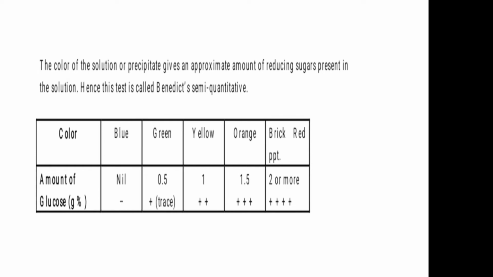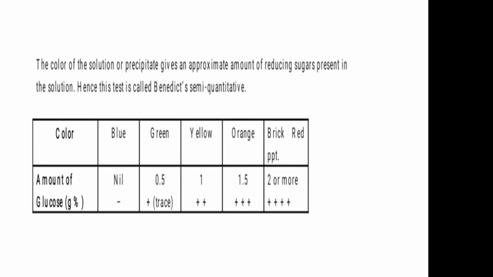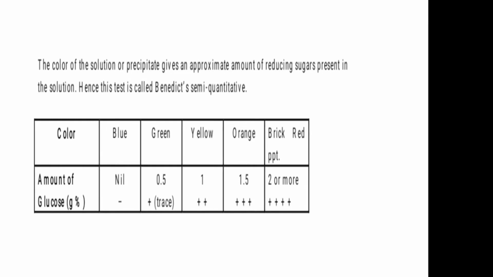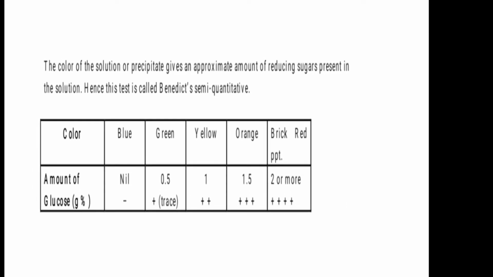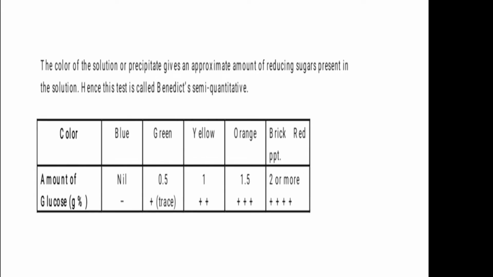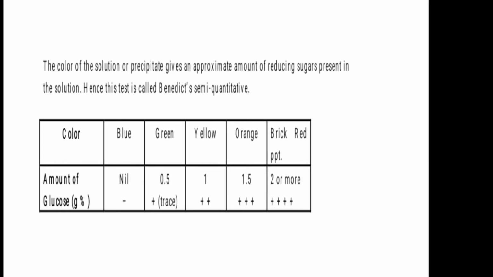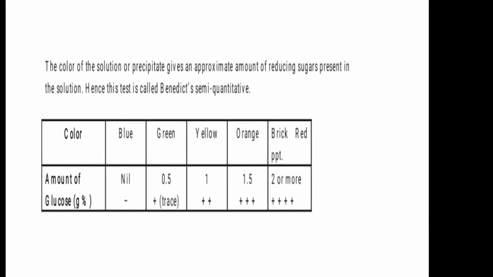If a trace green color comes, we can say 0.5 grams of sugar is present. If the color changes to yellow, it means 2 plus, or about 1 gram approximately. If the color changes to orange, still more, 1.5 grams, means 3 plus. 4 plus means a brick red precipitate, and the amount of sugar present is more than 2 grams. Like that, Benedict's test is also a semi-quantitative test.